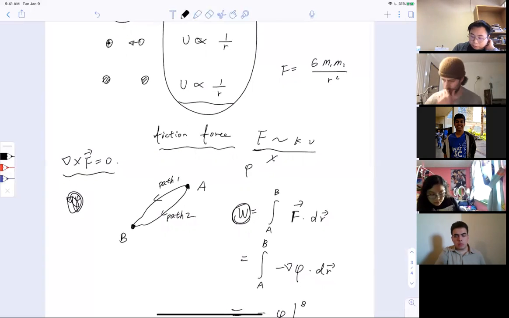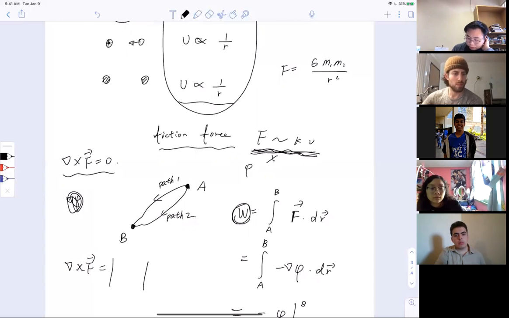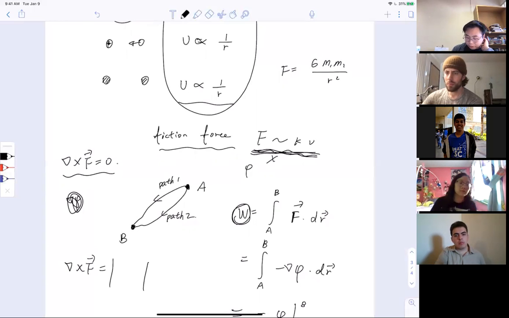We will see why. And for this one, there's no way to assign such an energy potential. Of course, it's easy to check. If you do this calculation, you will get a non-zero value.